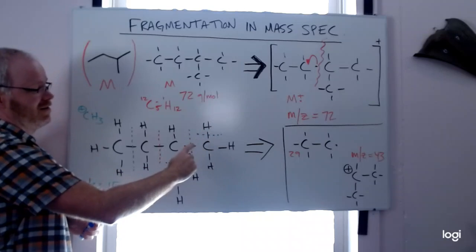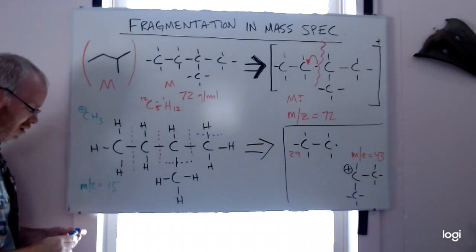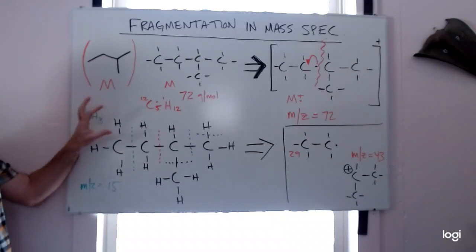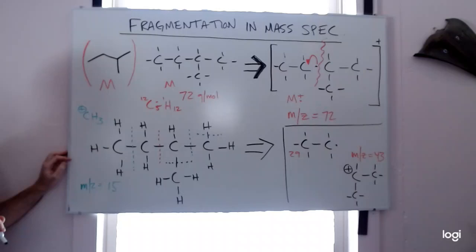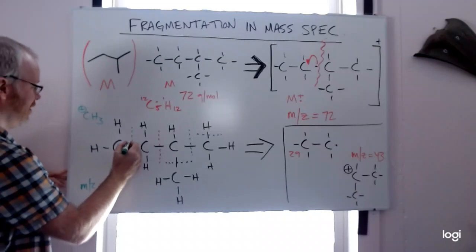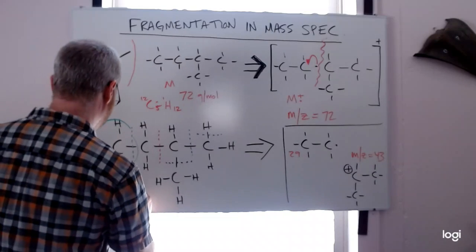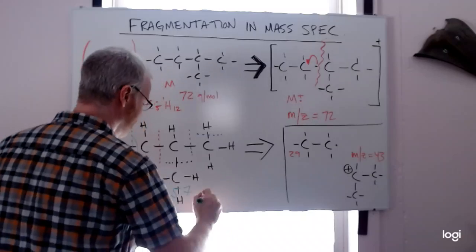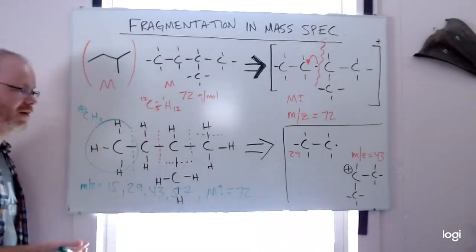Loss of a hydrogen, loss of methyl groups, breaking into 2 and 3 carbon pieces. What we'll see from that is a spectrum, which I won't draw for this video, but we'll look at spectra in another video. So you see a peak at 15 from a 1 carbon piece, but then you'll also see 29, 43, 57, and then the molecular ion at 72 if nothing comes apart.